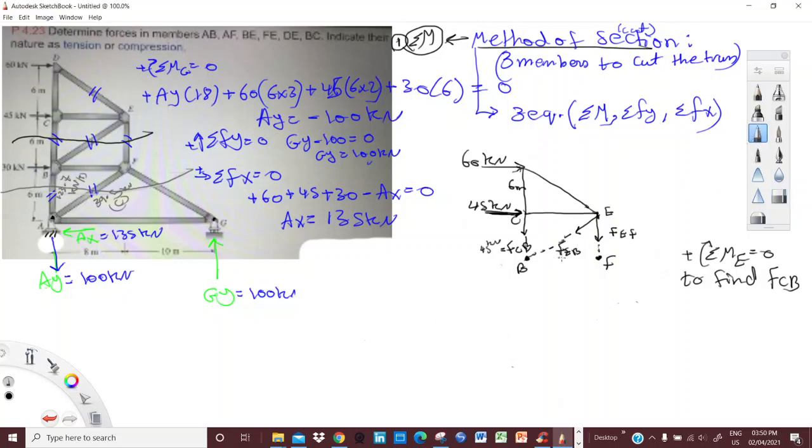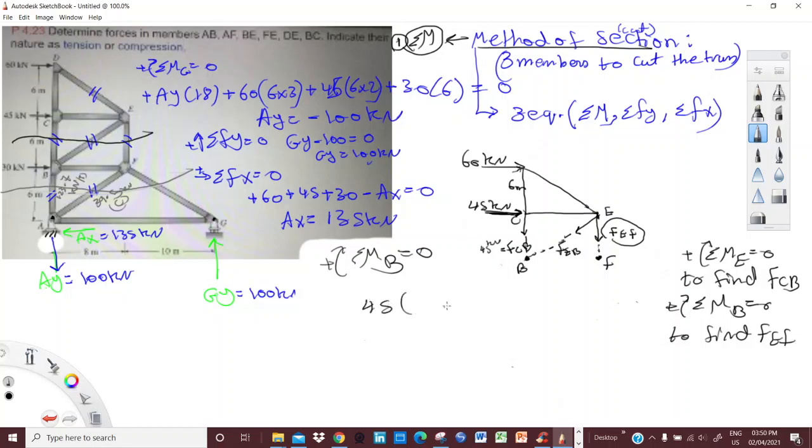Now, in order to find FEB and FEF, I need to take the moment at B. Summation of moment at B, clockwise positive, equal to 0 to find FEF. 45 times its perpendicular distance at B, which is 6 meters.